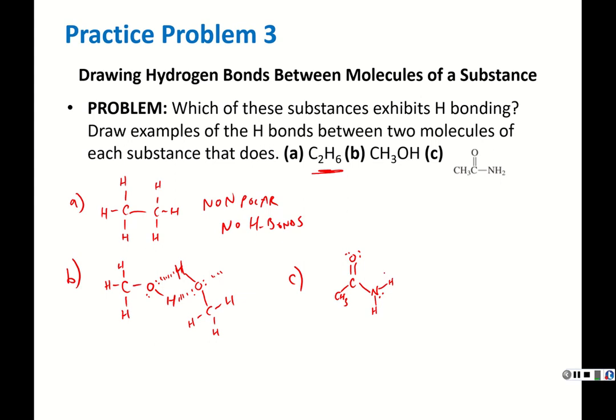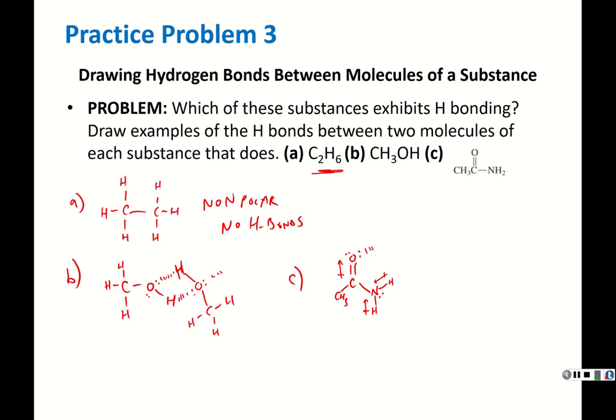There are polar bonds with those hydrogens on the nitrogen, and we have lone pairs on this carbonyl. So this has many different combinations for hydrogen bonding.